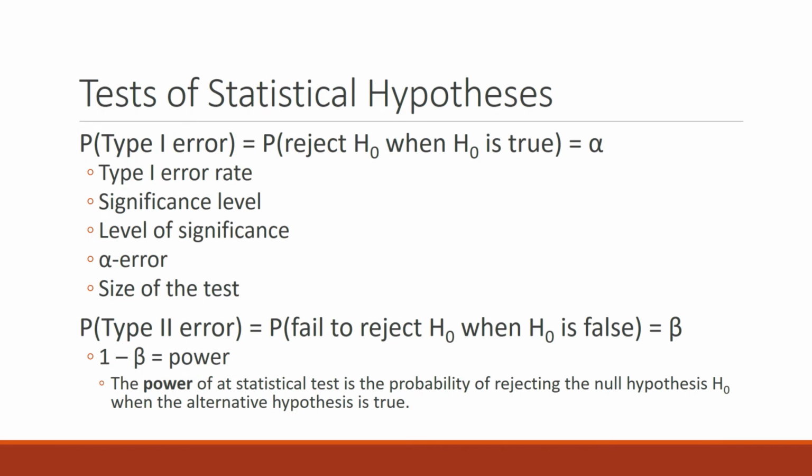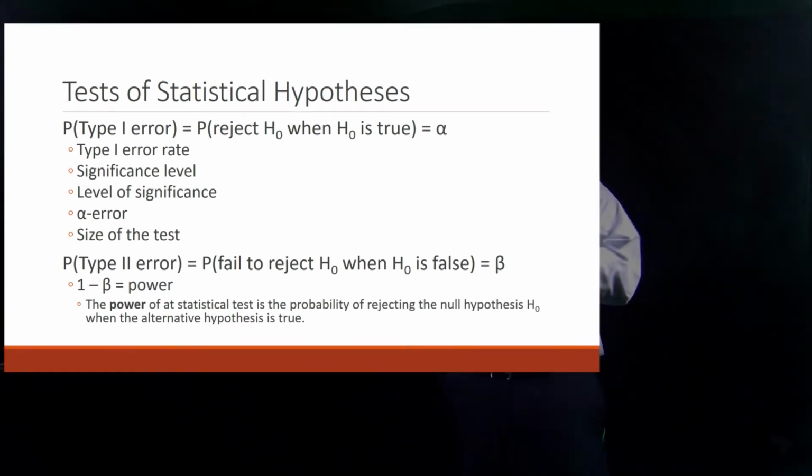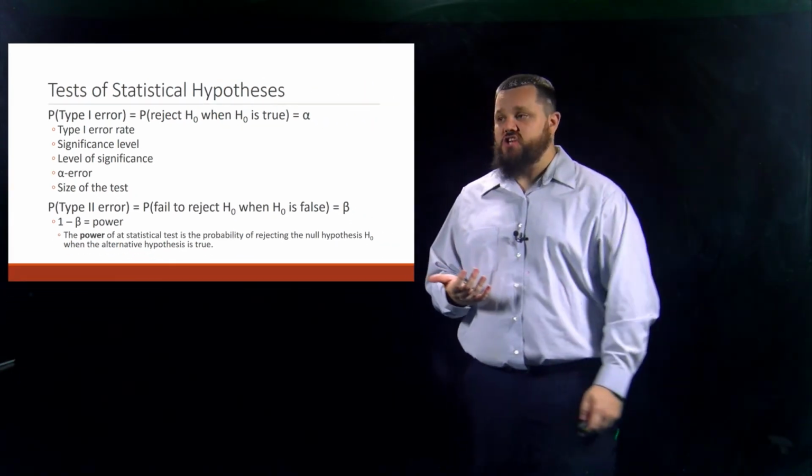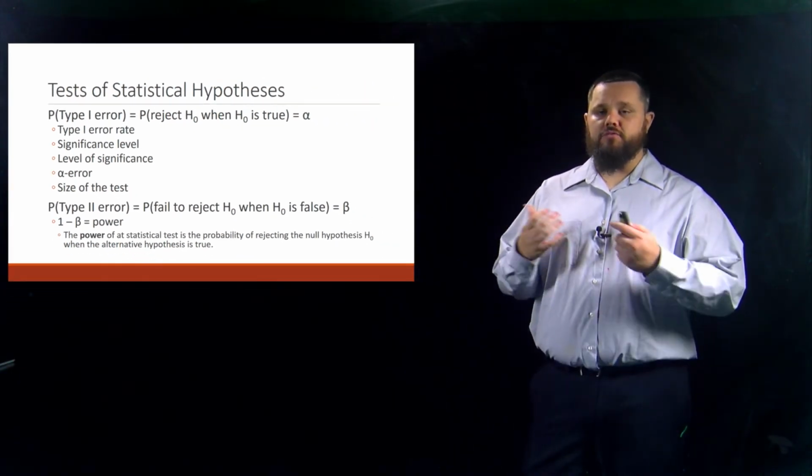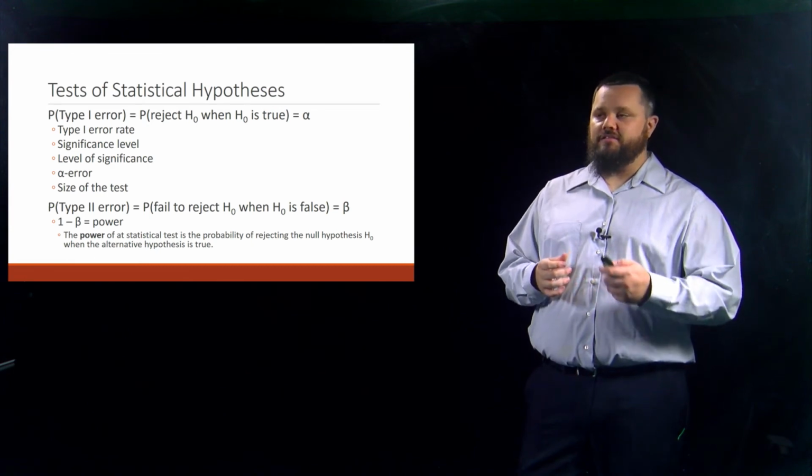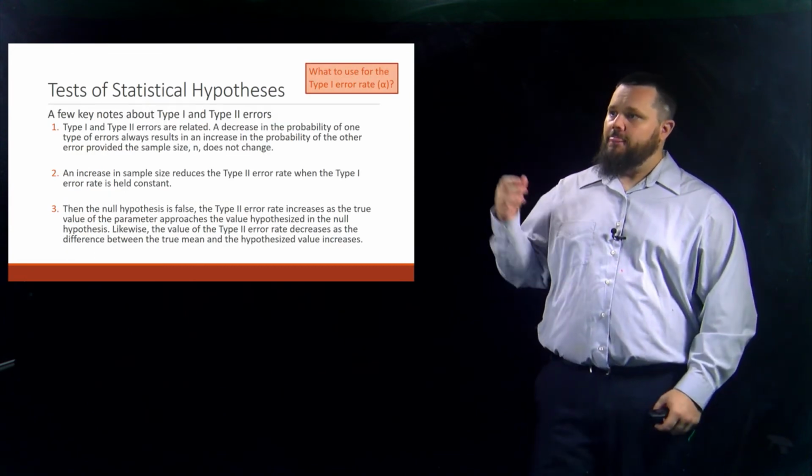Or another way you could think about it, it's the probability of rejecting the null when the null hypothesis is actually false. So if the null is false, what are the chances I actually reject that null hypothesis? What is the probability I make the correct decision in that case?